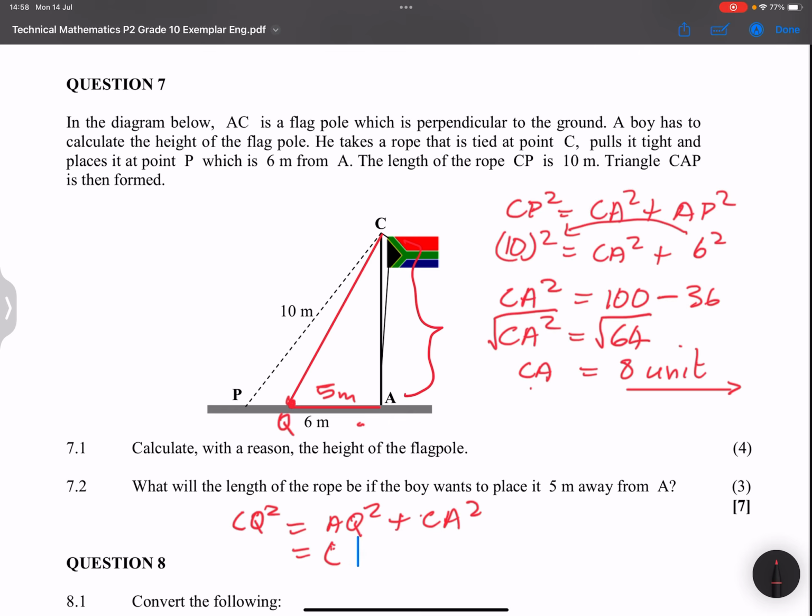AQ, that's going to be 5. So that's 5 squared plus CA, that's our height, 8 squared.